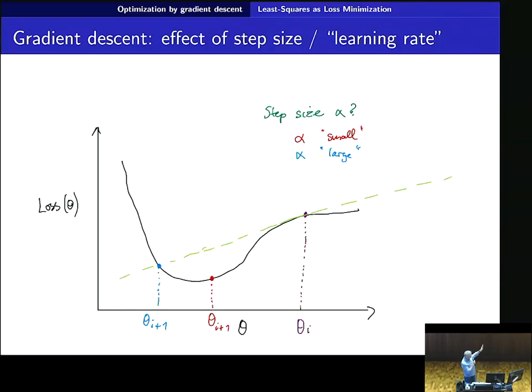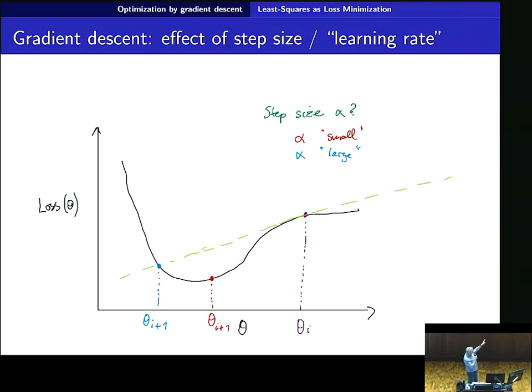You take the gradient, and that would be the green dashed line at the purple point. That's the gradient. So I want to move in the direction of the negative of the gradient. And all I'm showing here is the effect on the next step.